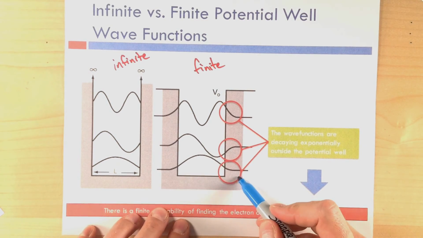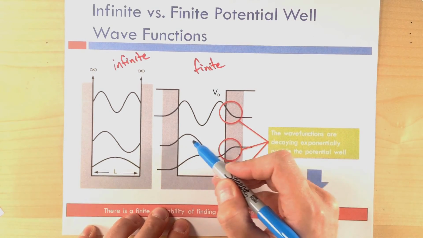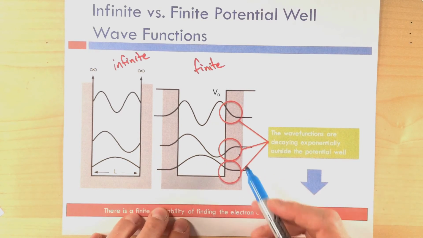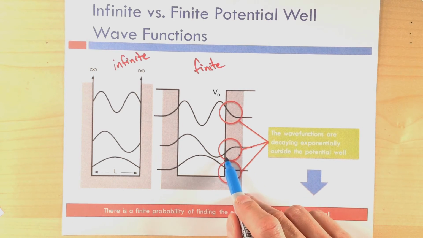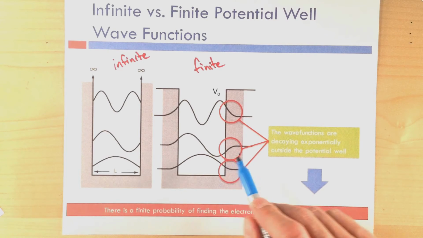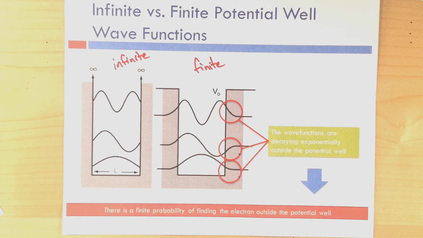What this means is that in these regions outside the well itself, there's a non-zero probability of finding the electron. So if you have a wall that is holding in a particle, there is some finite chance of finding it inside or even beyond the wall. That should be very surprising. So the point is that there's a finite probability of finding an electron that is inside a finite potential well actually outside that potential well.